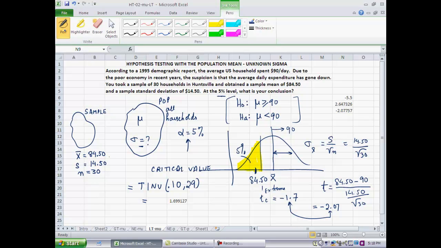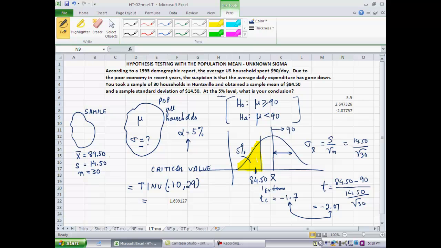So what do I actually find? I actually find from the sample that the sample mean of $84.5 when standardized ends up being minus 2.07. So it's 2.07 standard deviations below the mean. So it's obviously crossed beyond the threshold.